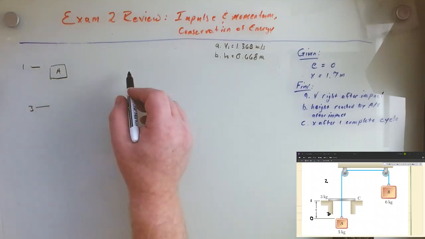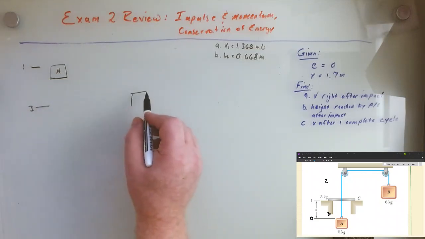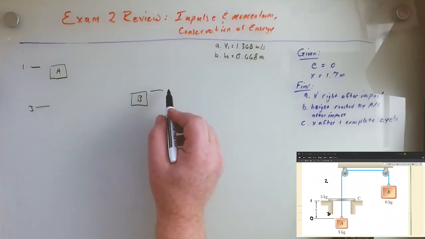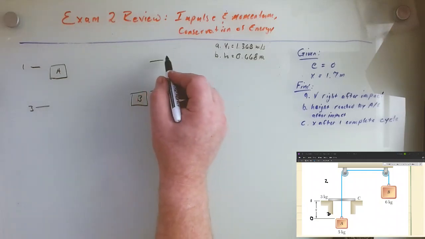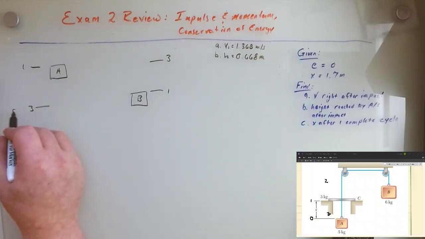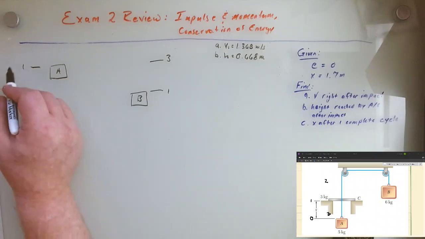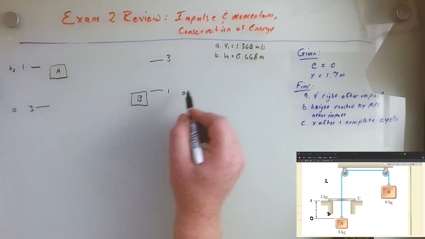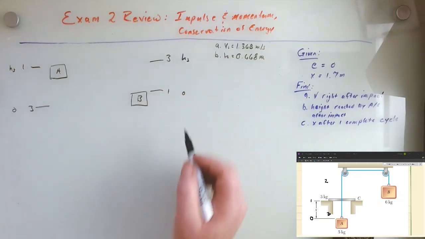Okay, and similarly with B, we return to position 1 and we are going to position 3. Okay, and again, call this 0. Let's call this something different. Now we'll call this H3. So 0, H3.